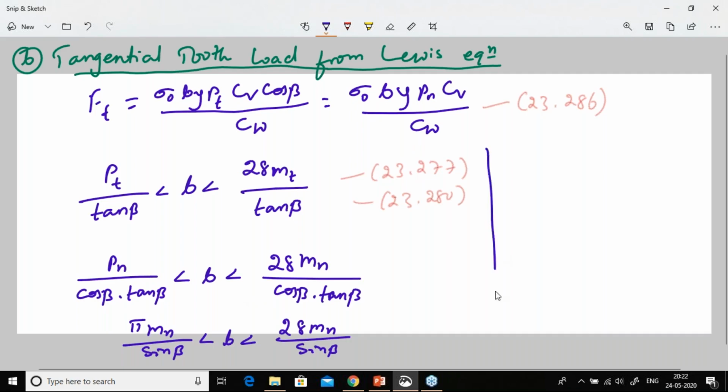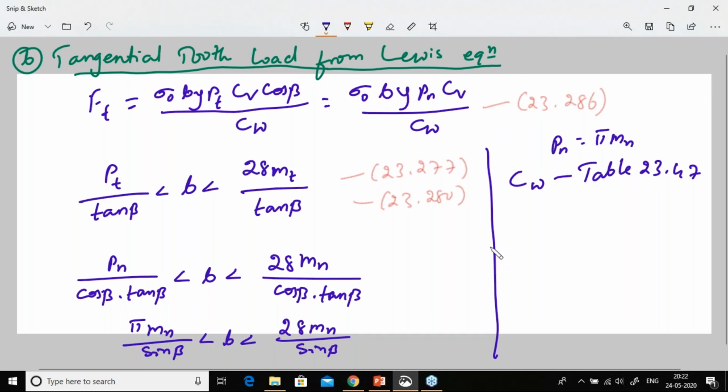Then Pn is nothing but pi Mn. Cw is the wear and lubrication factor. We will get this Cw from table 23.47. Then Cv is called the velocity factor.